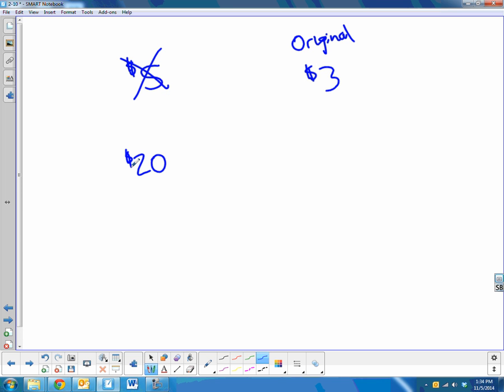So if we think about our formula, we have the amount of change over the original. So the amount of change from $3 to $20, that's a $17 markup. Okay? So you have a $17 markup. And we want to know what percent change is that. What is that percent markup? And if we change that to a decimal, we got 17 over 3.